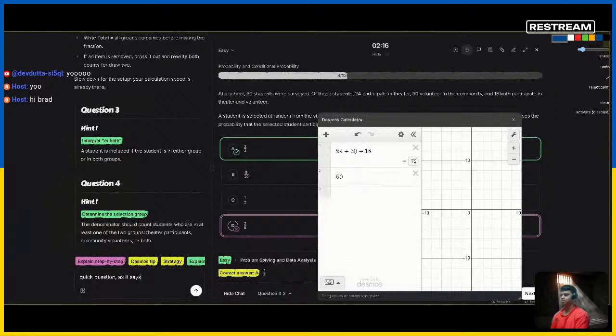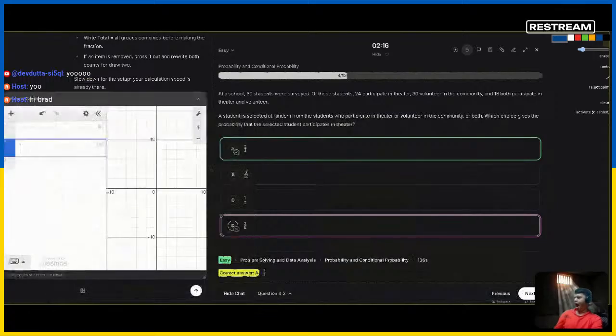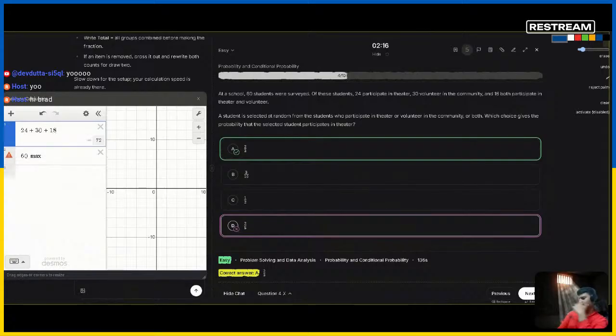Wait, that's more than 60. But 60 is the max of students. Of these students, 24 did this, 30 did this, and 18 did both. But why is the number more than that?